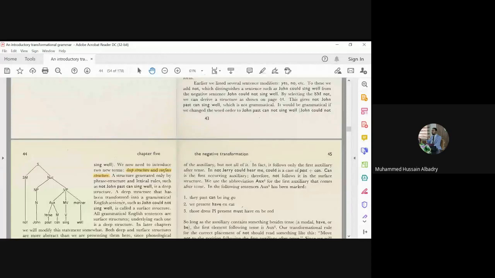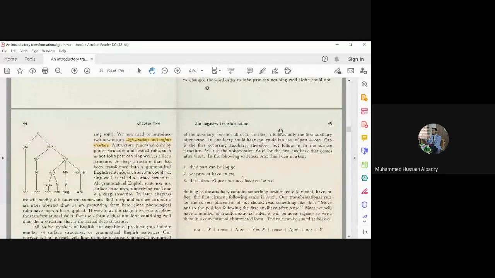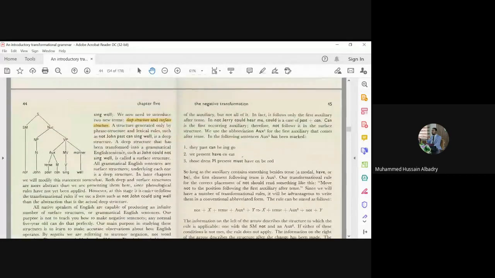One deep structure and the other is what? Surface structure. Two sentences. هسه من شفت هاي الجملة، not John past can sing well. This is what? This is deep structure. Surface اللي هو تشوفه قدامك John could not sing well. This is surface. We will explain here in detail.